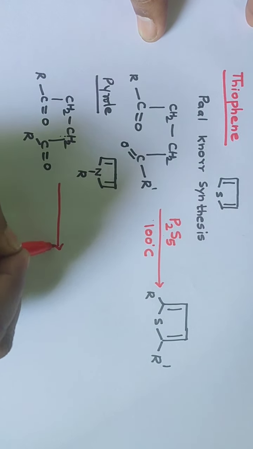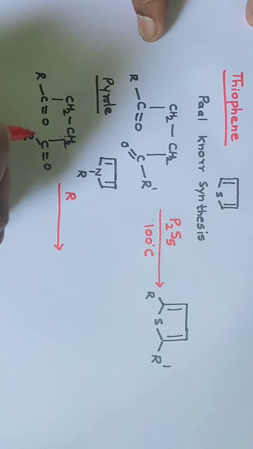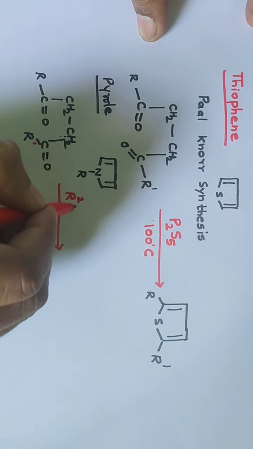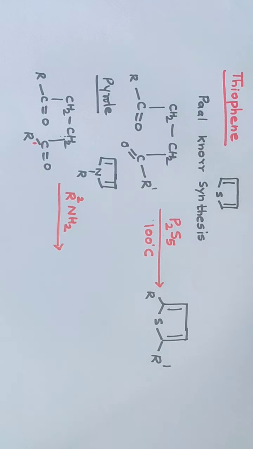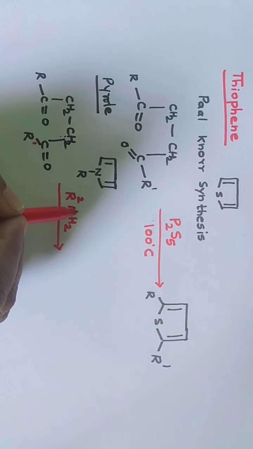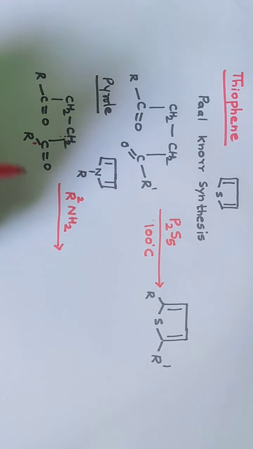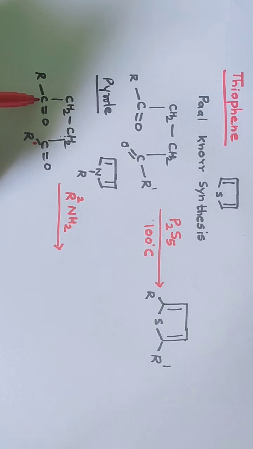Hence, if this is treated with a primary amine, I will call this R1 and this R2, just to distinguish. This nitrogen contains a lone pair of electrons, so this nitrogen attacks this carbon. The double bond O gets converted into OH. So we have a carbon nitrogen bond. Again, that nitrogen will attack this carbon, so this nitrogen gets attached to both carbons.